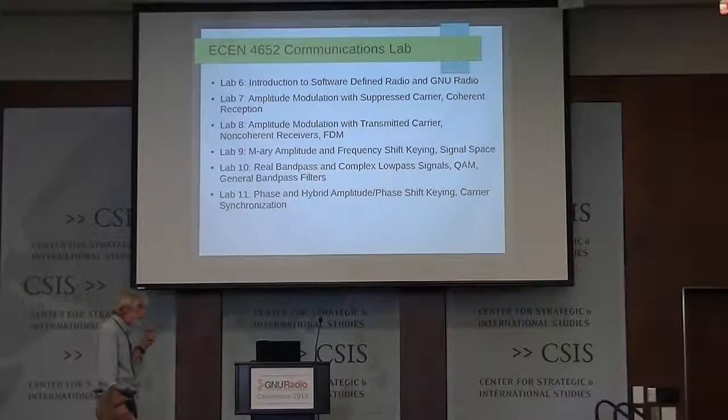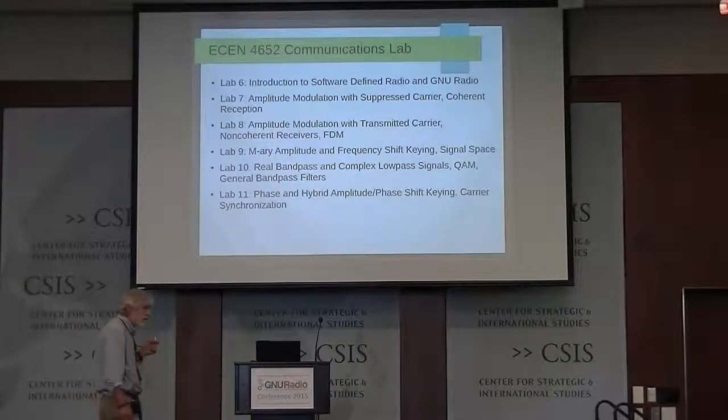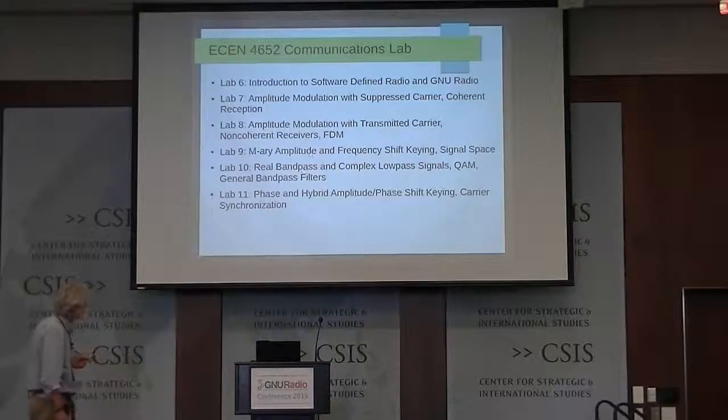I'm planning to move this forward. That was how I did it this last spring. Amplitude modulation, both suppressed carrier and transmitted carrier. And then amplitude and frequency shift keying, real bandpass and complex low-pass signals. That's one of those that I probably also will put in a little earlier, so that it works better together with the radio.